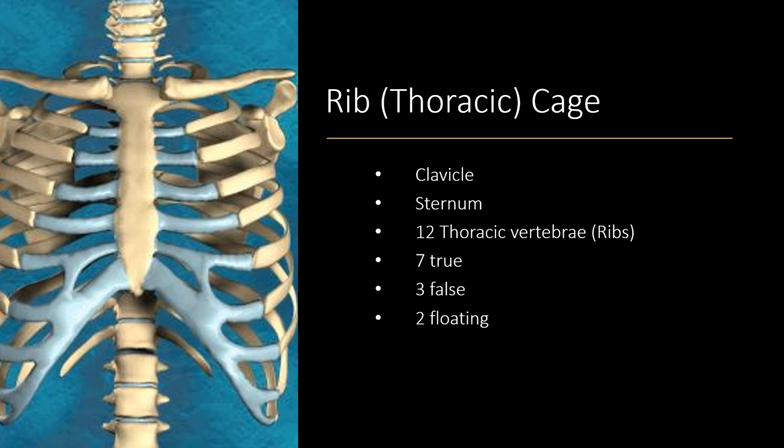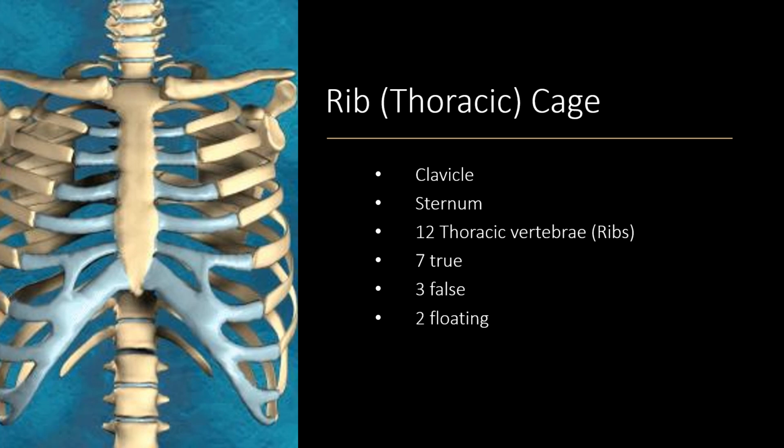And these are most likely to be the ones that you might fracture. The singer Cher had these floating ribs removed so that she could increase the gap between her pelvic girdle and her ribs so that she could have a smaller waist.